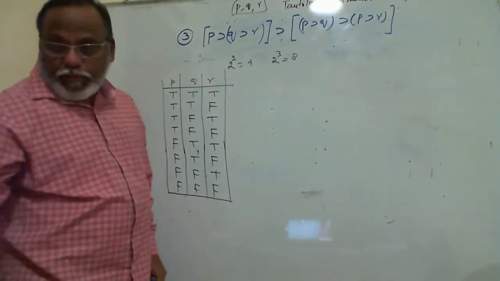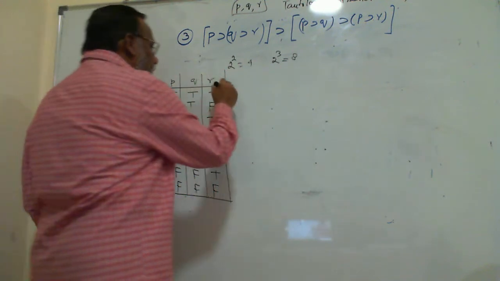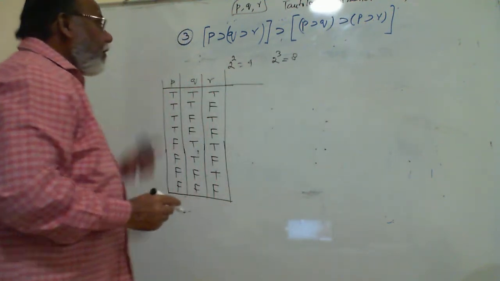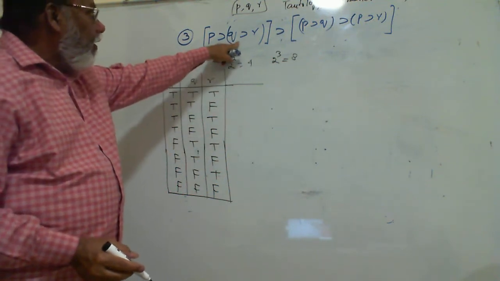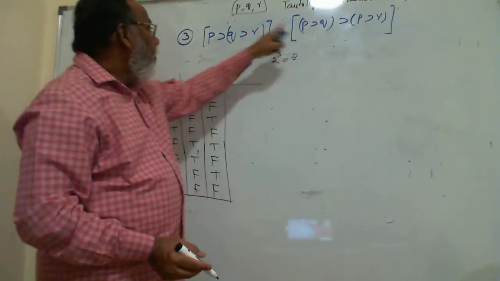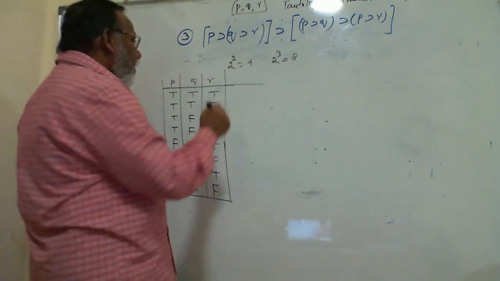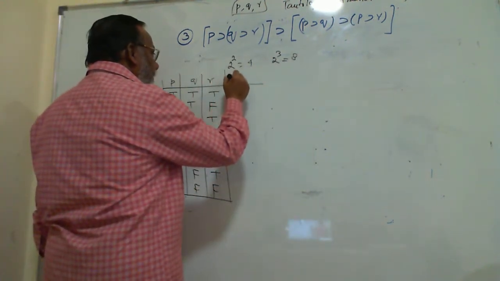So now we will be putting all the other connectives over here. I need to calculate P implies Q, Q implies R, and P implies R. We will be doing all of them.